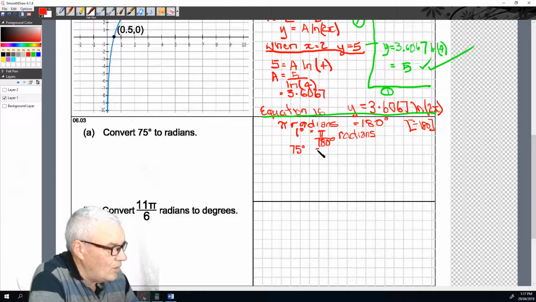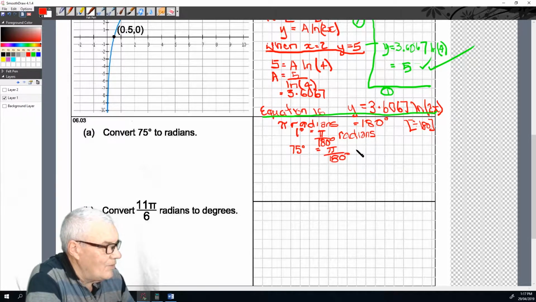must equal 1 degree, pi by 180, times 75 degrees.